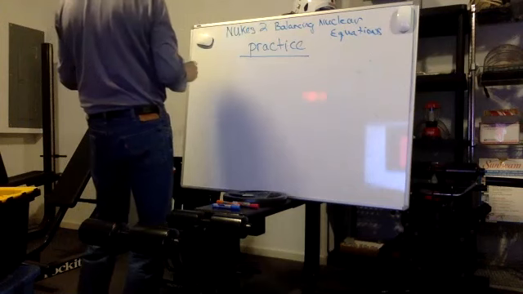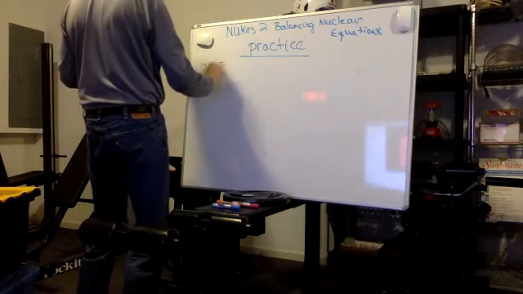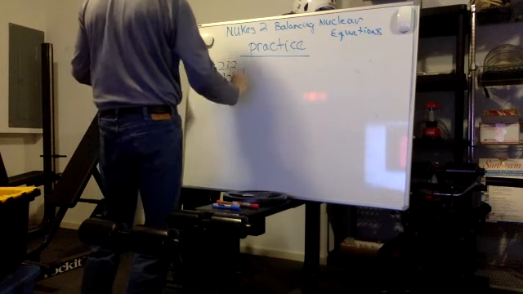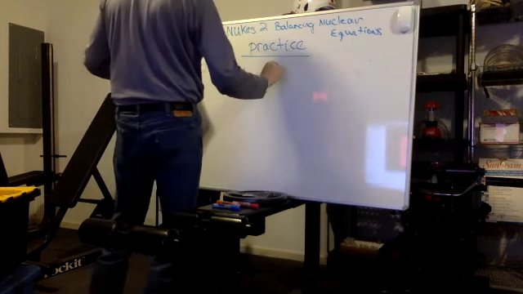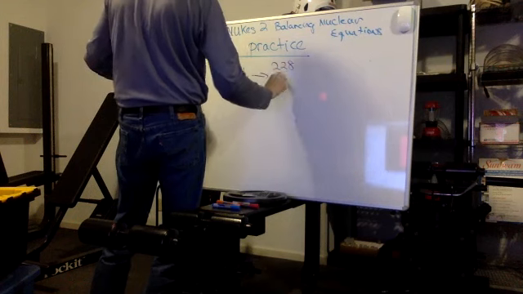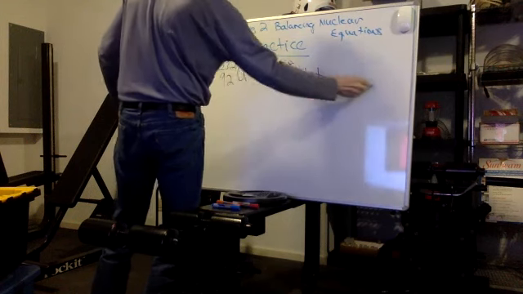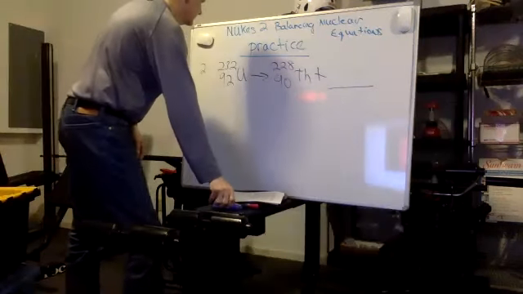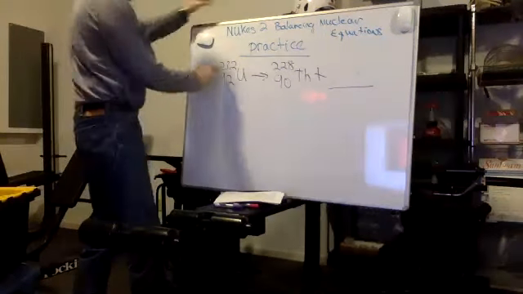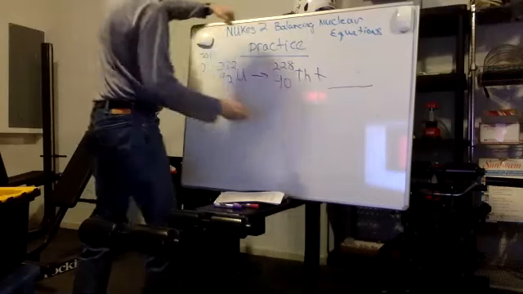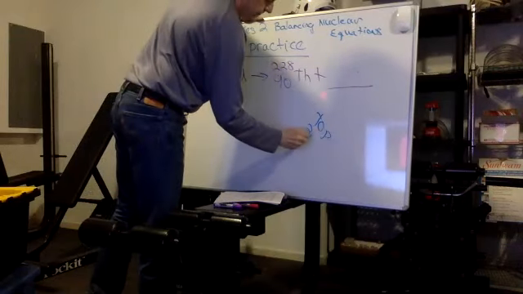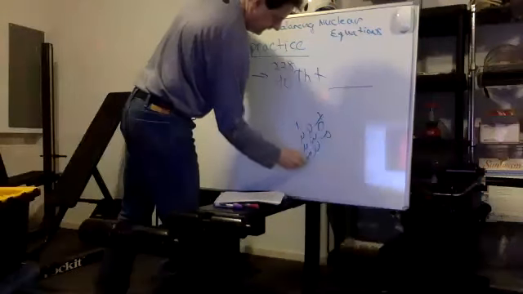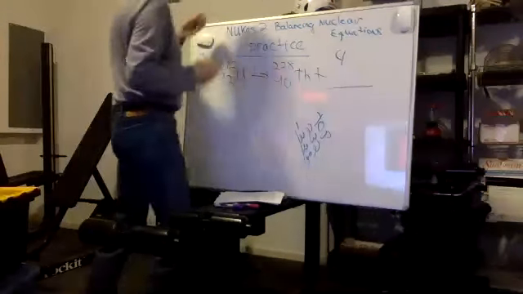Okay, that's number 2. Let's see, 232, 92 U, going to 228, 90 thorium plus blank. So let's see here. On top, we have 232 minus 228, and that's going to be 4 on top.